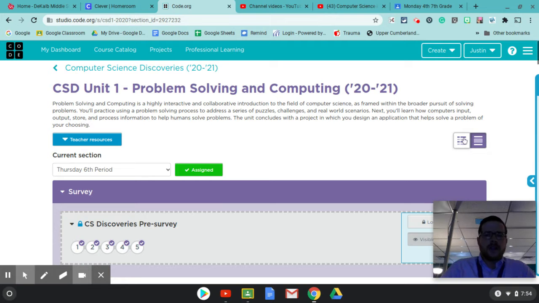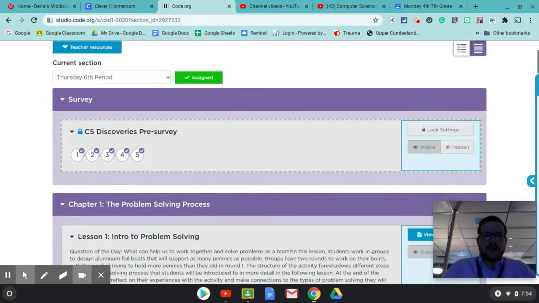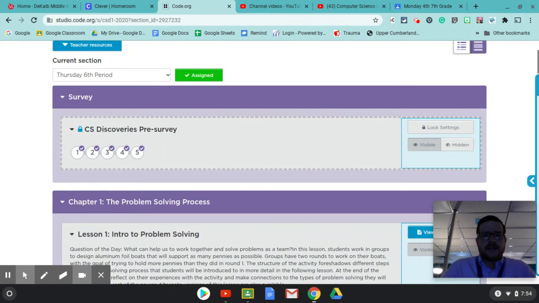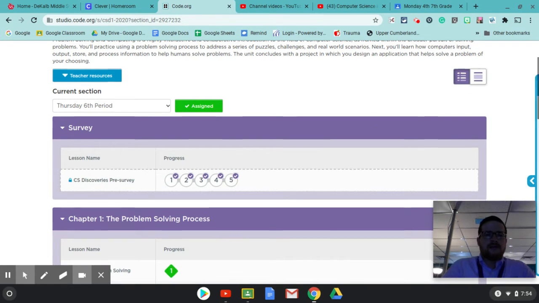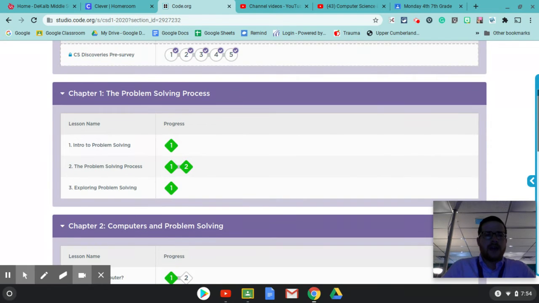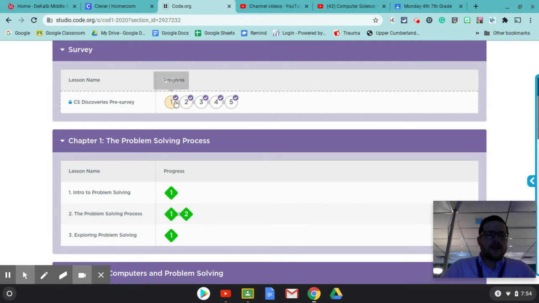Now, looking at this toggle menu, this one is a detail view. I personally like this one, the grid view. Just click there, and it makes it a lot easier to see. Now, we're going to skip the pre-survey this week, and we're going to be completing Chapter 1, introducing us to the problem-solving process.